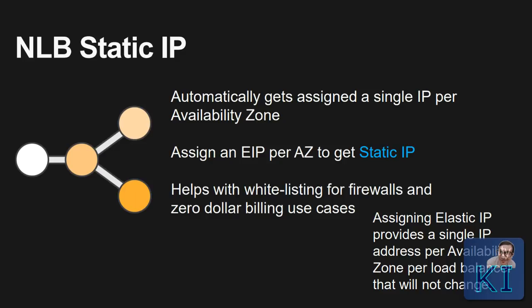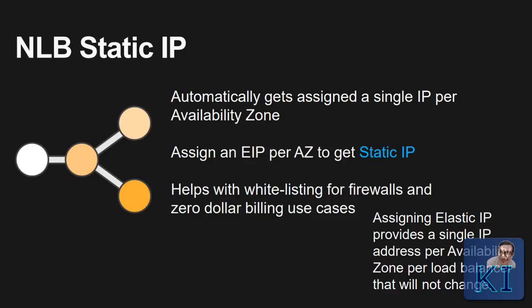Even in the worst case, think of a scenario where you have to terminate your NLB. You can stand up a new NLB and specify the same elastic IP, and you don't have to change anything in the firewall rules. That's a good thing. Also, the traffic going through your NLB would always go through these elastic IPs.